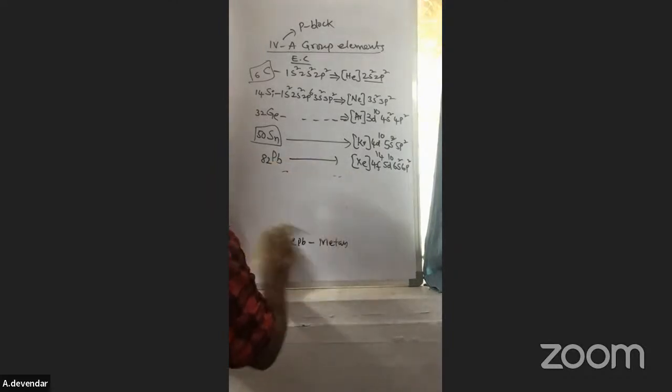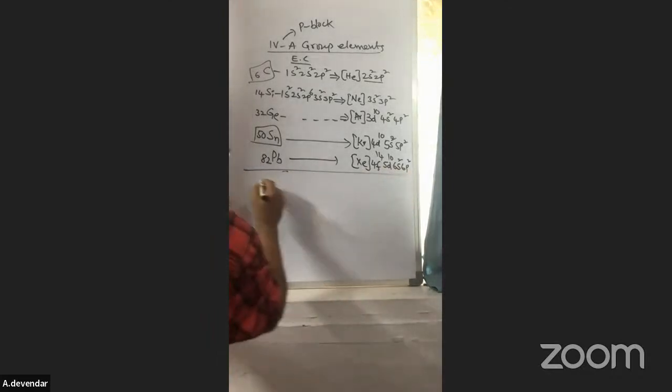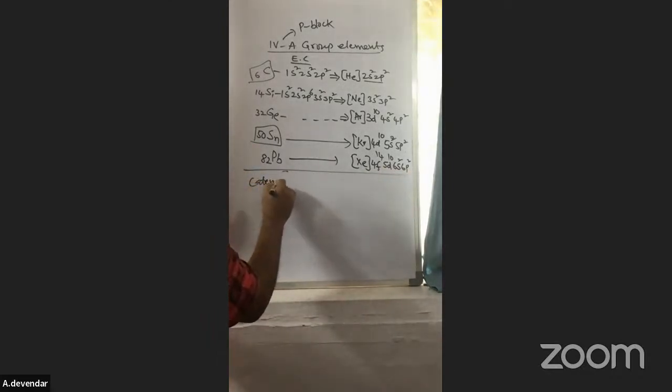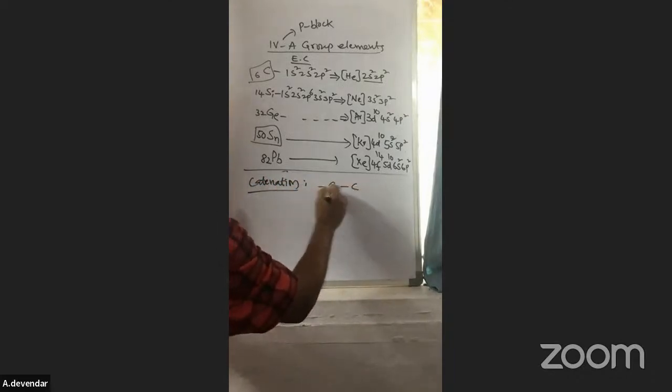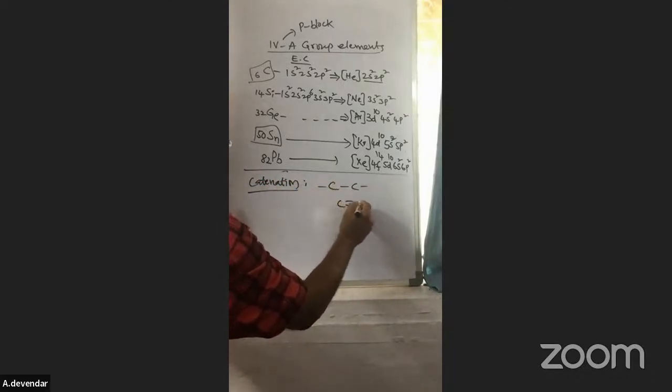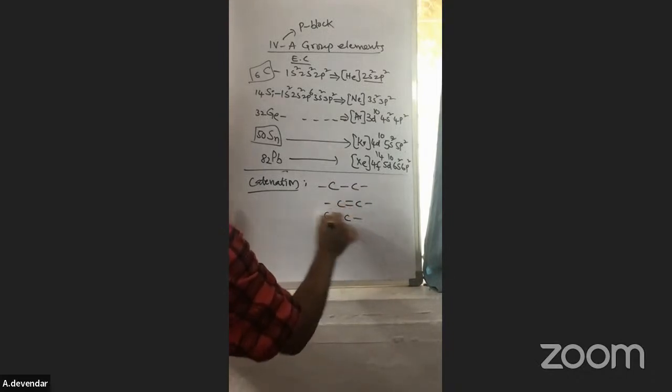Due to the catenation property, carbon can form a single bond between carbon and carbon, a double bond, and there is also a chance of a triple bond.